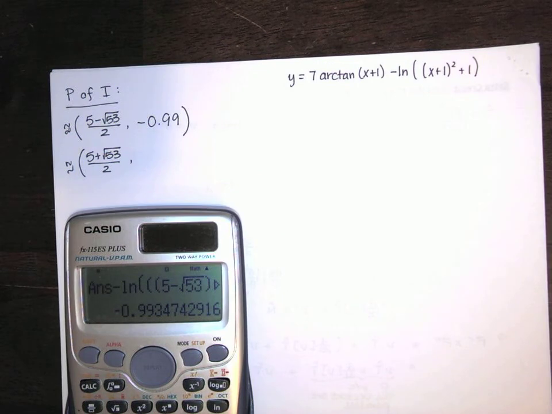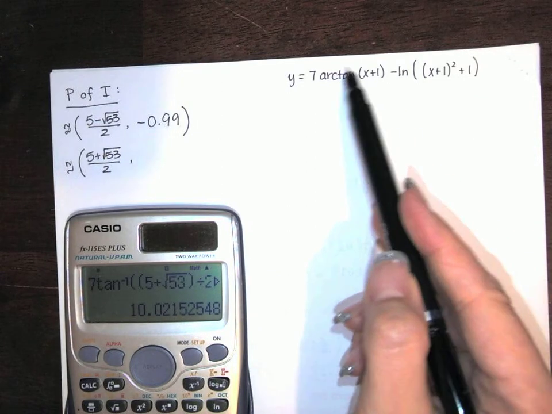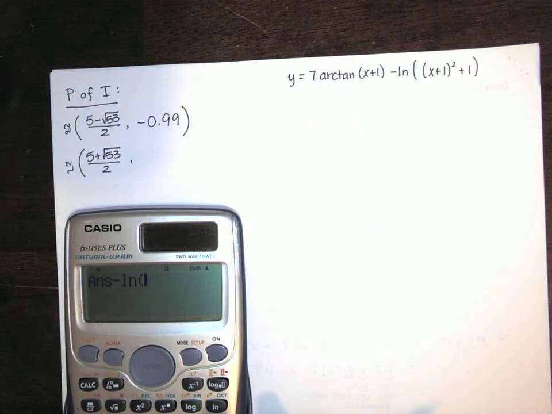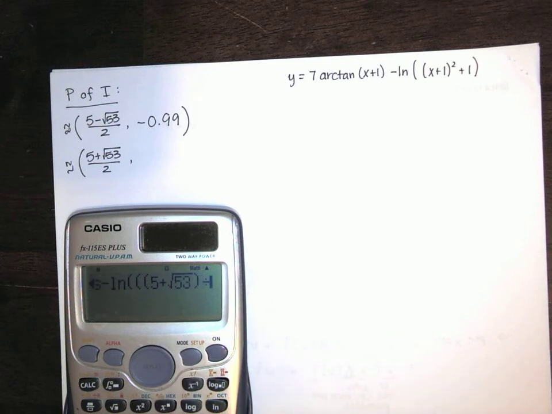Now you want to do the same thing, but you want to change all of those negative square roots of 53 to positive square roots of 53. So we'll have 7 times the arctangent of, open parentheses, 5 plus root 53, close parentheses for the numerator, divided by 2, add 1. So that gives me this piece, and we're subtracting natural log of, open parentheses, for the x plus 1 squared, open parentheses for the numerator of the x, 5 plus root 53, close parentheses for the numerator, divided by 2.